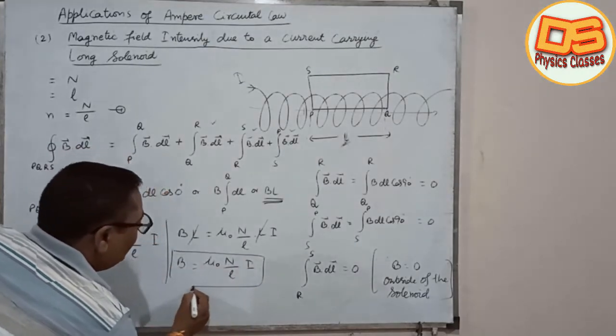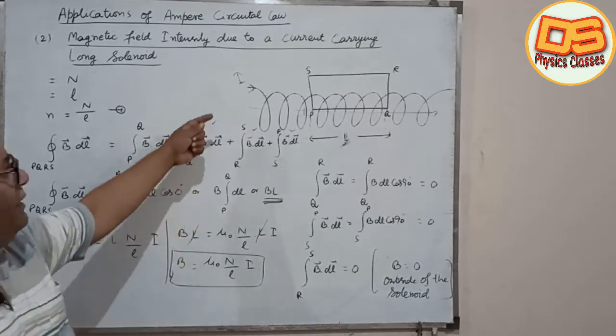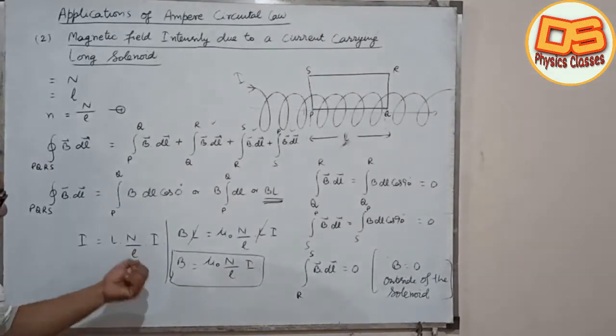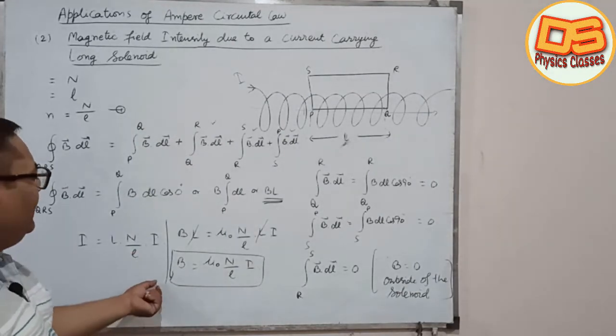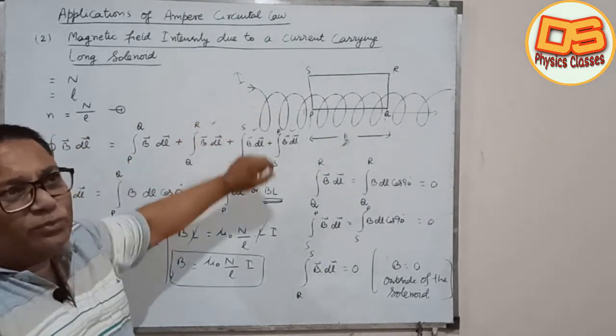This is our expression. This is the magnetic field intensity inside the long solenoid. Clear? And in a few numericals, it is asked to find the magnetic field intensity at the end of the solenoid.